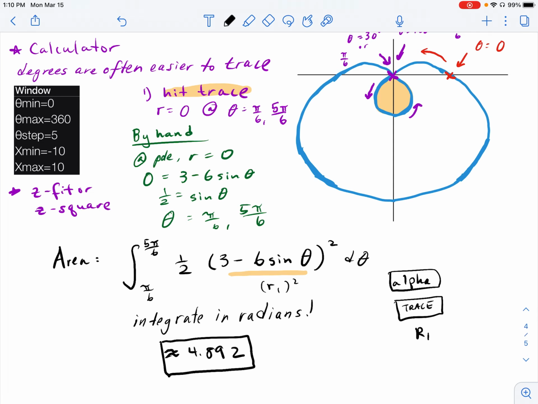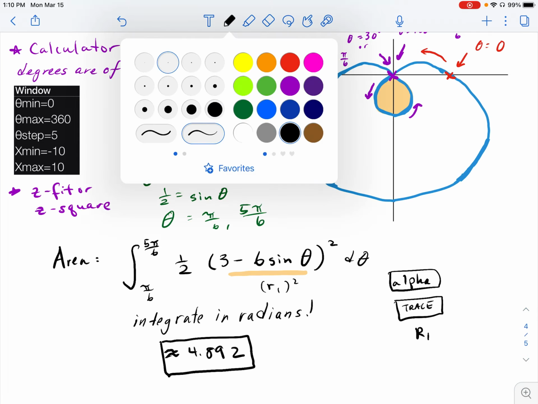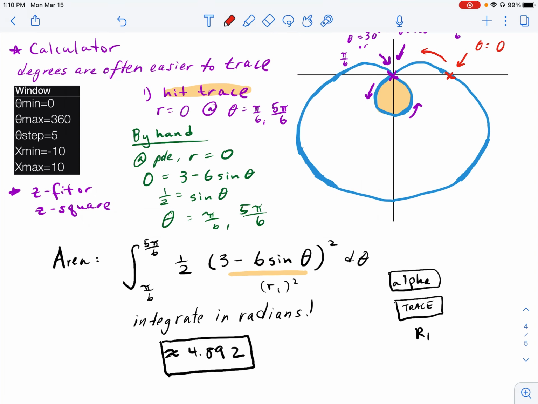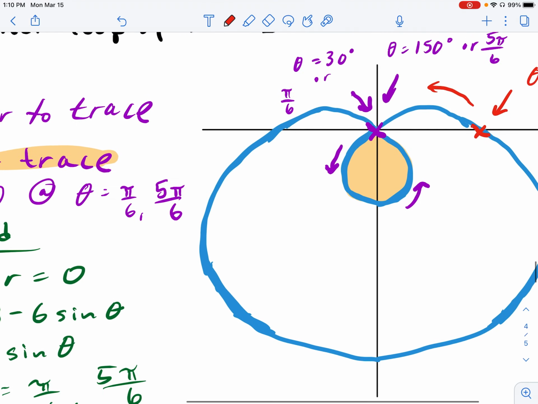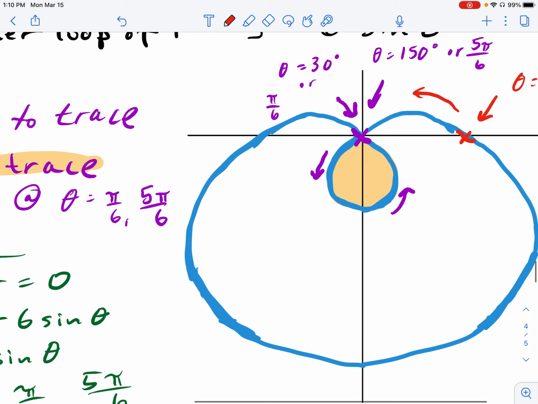So now that I've integrated this using our calculator, I want to make sure visually and graphically you understand what's happening here. Starting with theta equal to 30 degrees or pi over 6, depending on if you're in degrees or radians, as theta increases and we start moving counterclockwise, these sectors, that little red line that I've just drawn, you can visualize as a very thin sector.